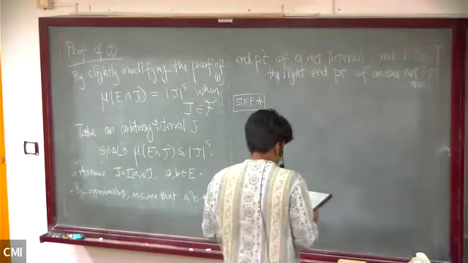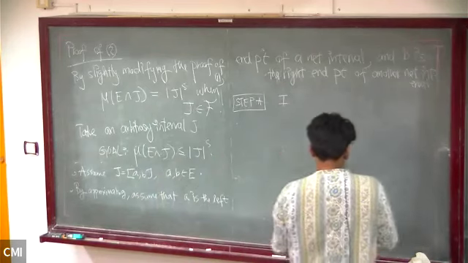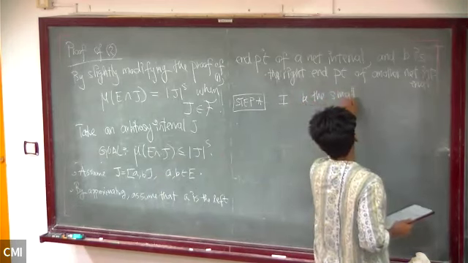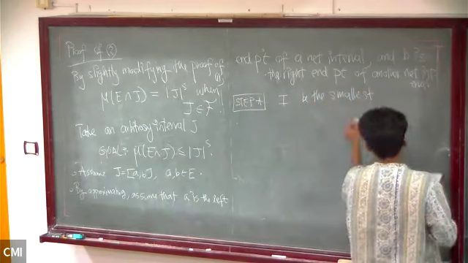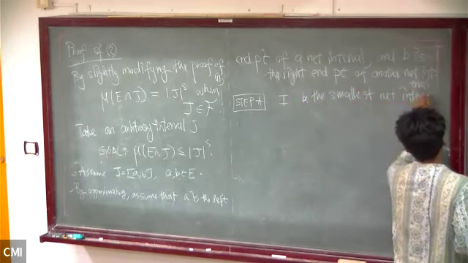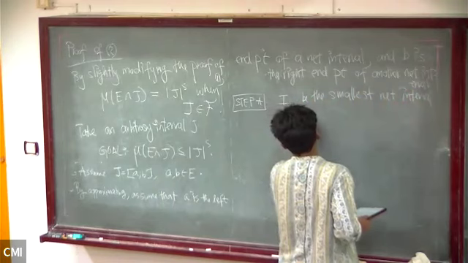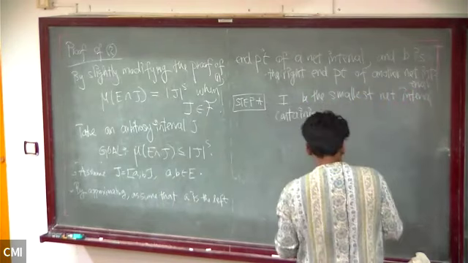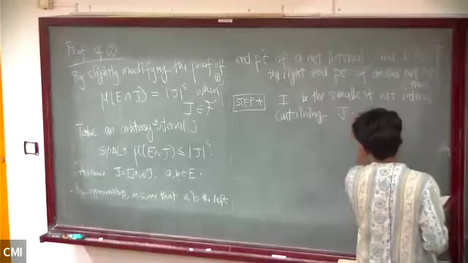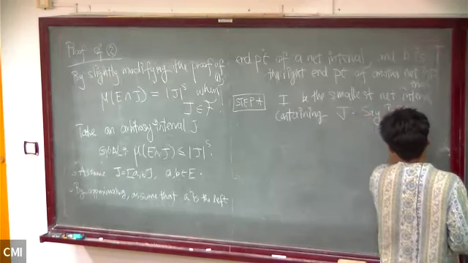Okay. So suppose I be the smallest net interval containing J, and say I comes from the kth level.